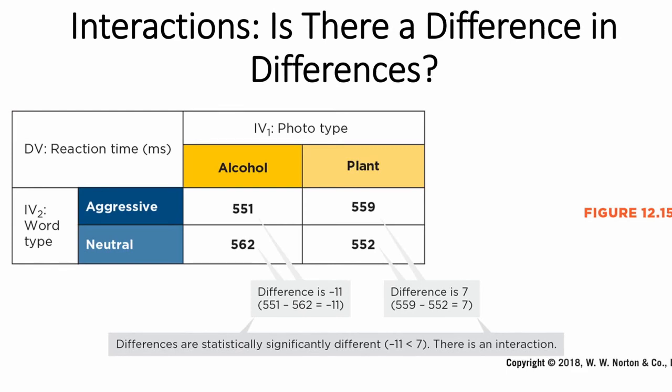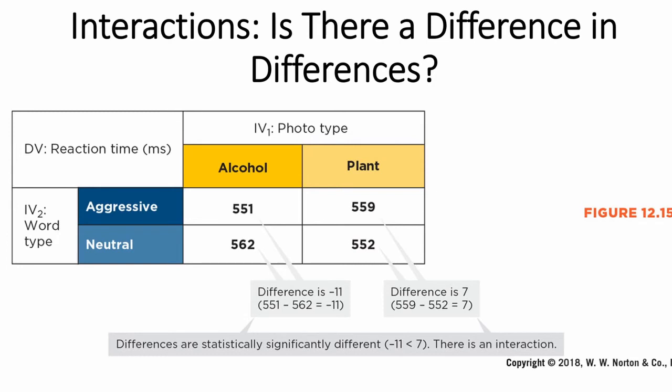All right, back to the regularly scheduled programming. So if we want to look at these interactions, is there actually a difference in differences? When we were looking at main effects, you have two main effects if you have two independent variables. So you have one main effect per independent variable.